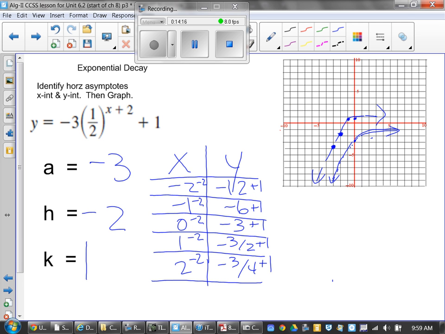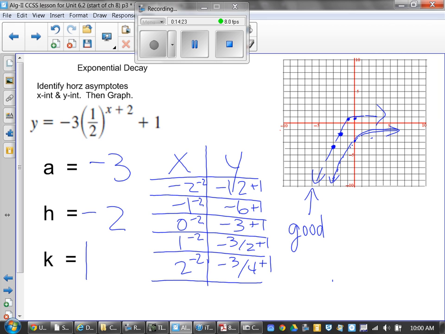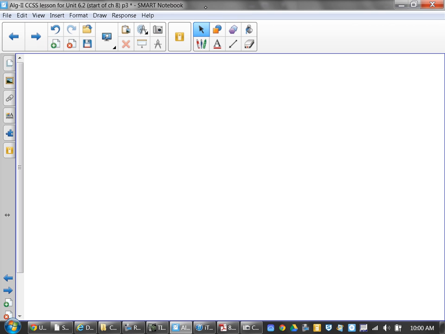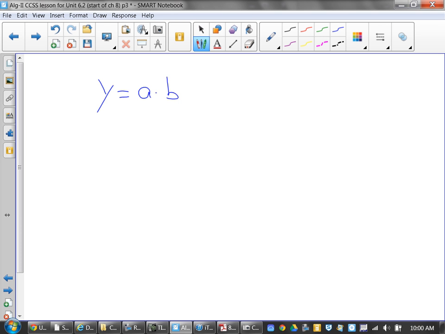Alright. So, ladies and gentlemen, obviously at this point, you probably already noticed that this is not all that difficult from yesterday. Do you agree? One of the tricks that I hope you might pick up on when you're working with your generic form is that this K value is your boundary.